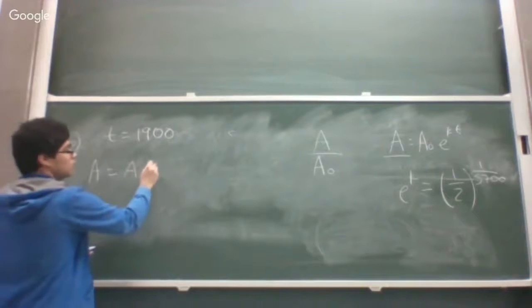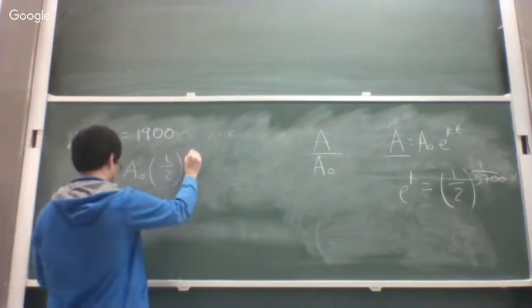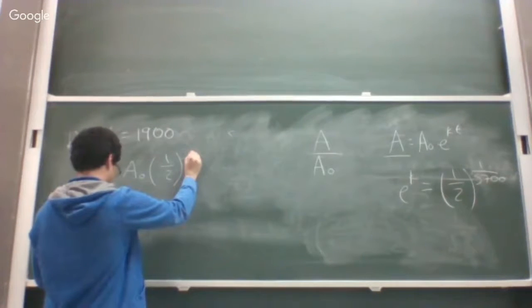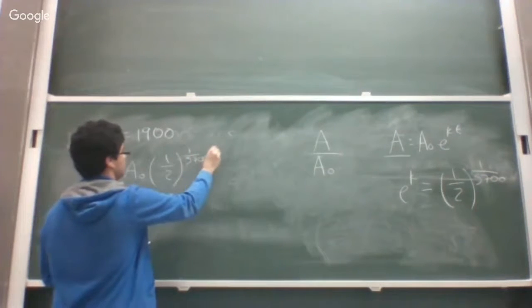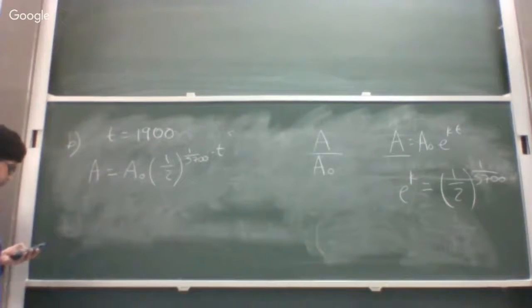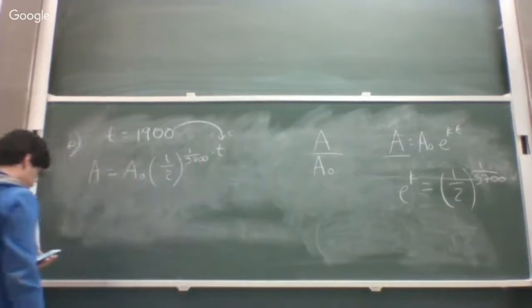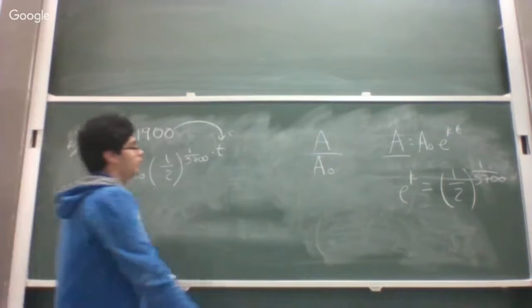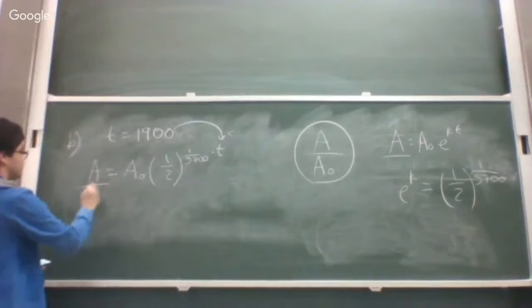We substitute our e to the k into the actual formula, so we have A is equal to A naught times 1/2 to the power of 1 over 5700 times t. The t that we want is 1900, and we're looking for this fraction, so we can divide both sides by A naught.